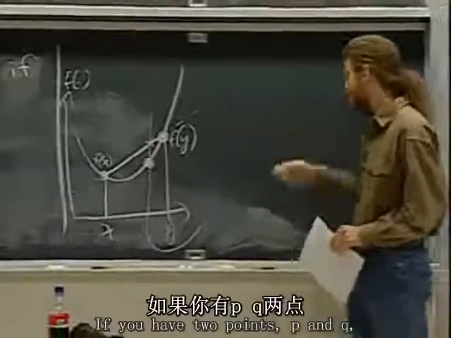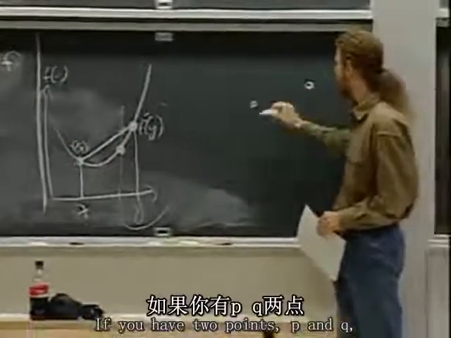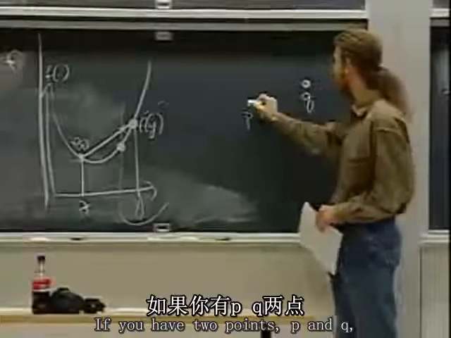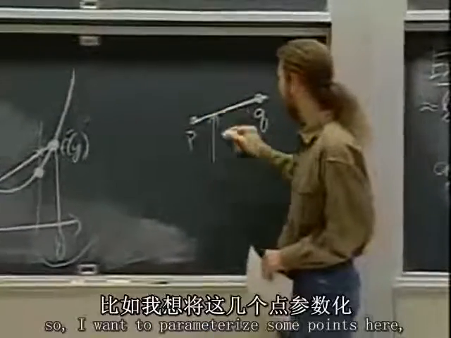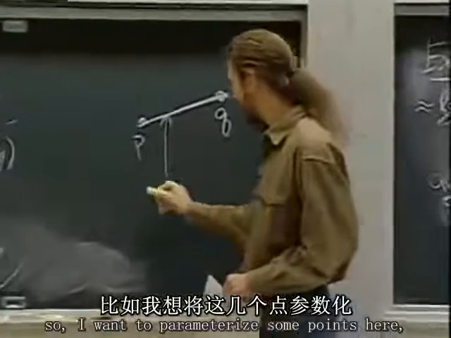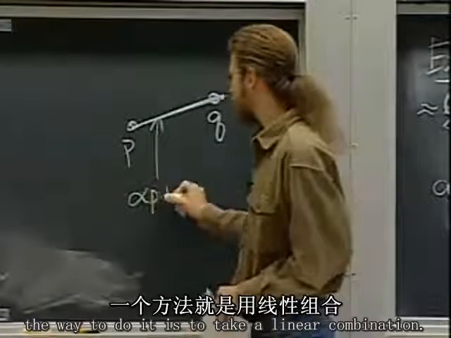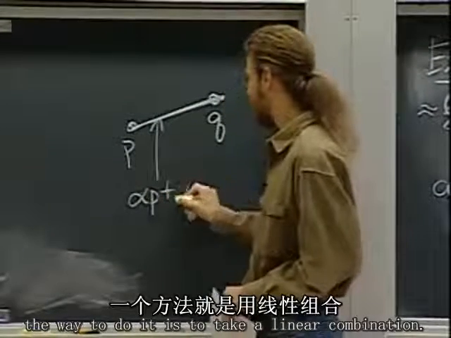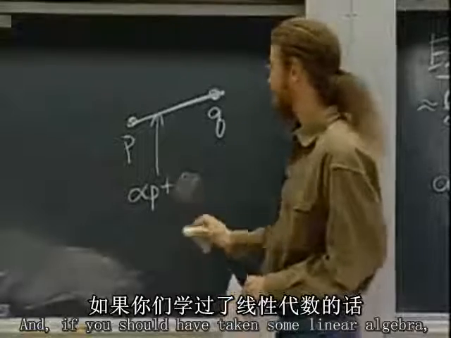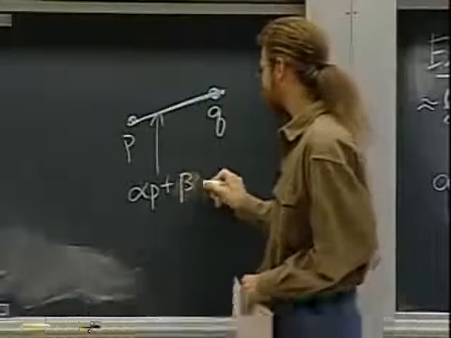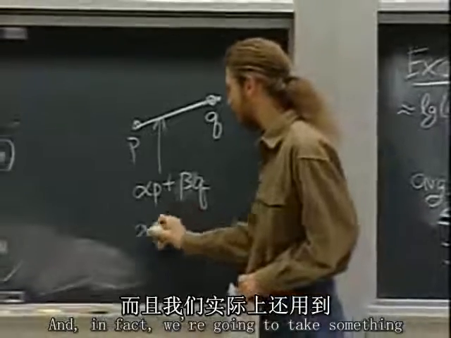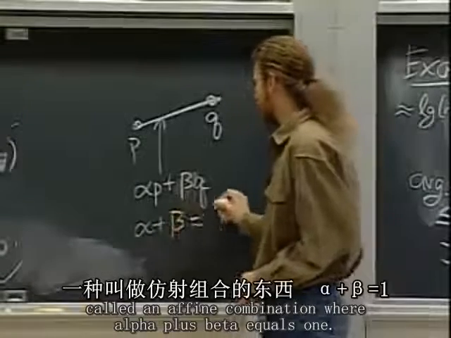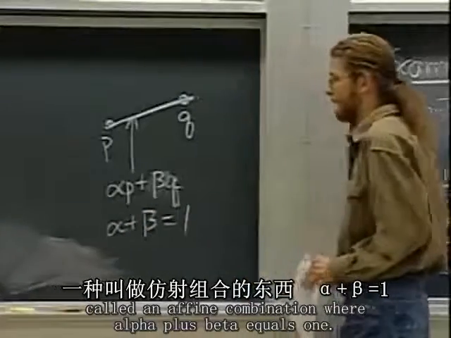If you have 2 points, P and Q, and you want to parameterize this line segment between them, the way to do it is to take a linear combination. If you should have taken some linear algebra, a linear combination looks something like this. And in fact, we're going to take something called an affine combination, where alpha plus beta equals 1.